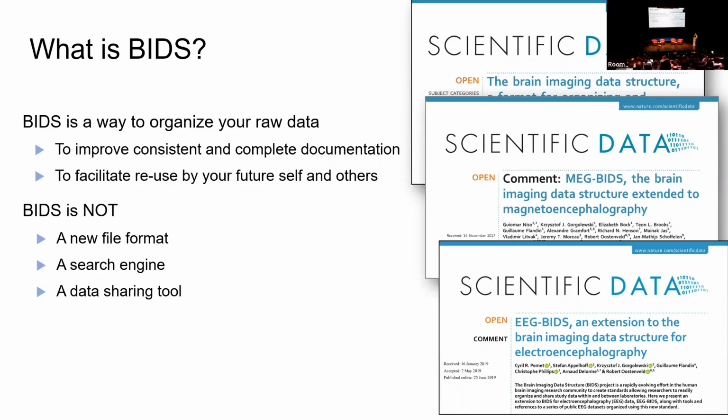Basically, it's like a file structure where you save your data sets, and there are files with descriptions of the data, like the channel locations, for example, or which reference you used, where the data was recorded and things like that, and an event table, for example.